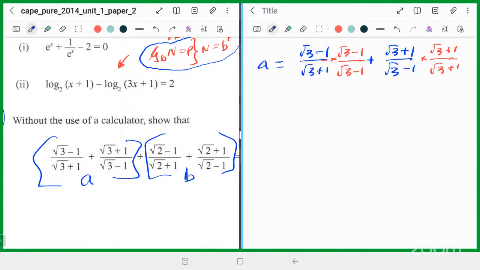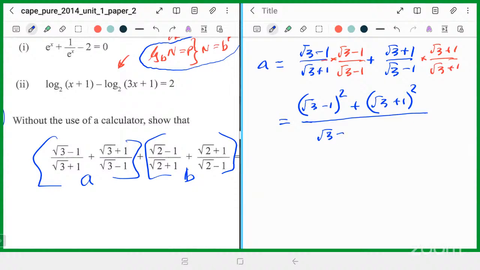So it becomes equal to root 3 minus 1 squared plus this one now is root 3 plus 1 squared, all over root 3 minus 1 times root 3 plus 1. This times this becomes that on both fractions. I add the two numerators. All right, and so I'm going to add this one. So you square this first, it becomes a 3.